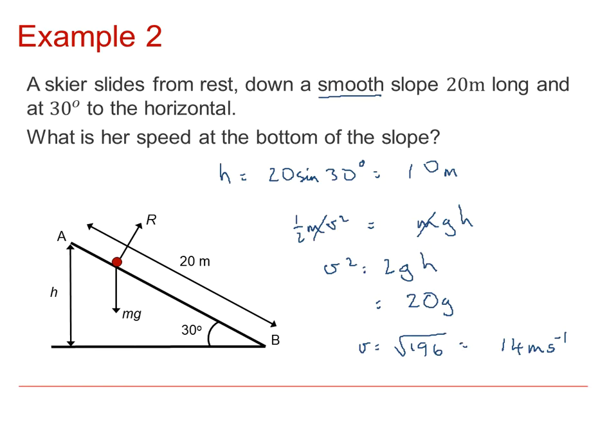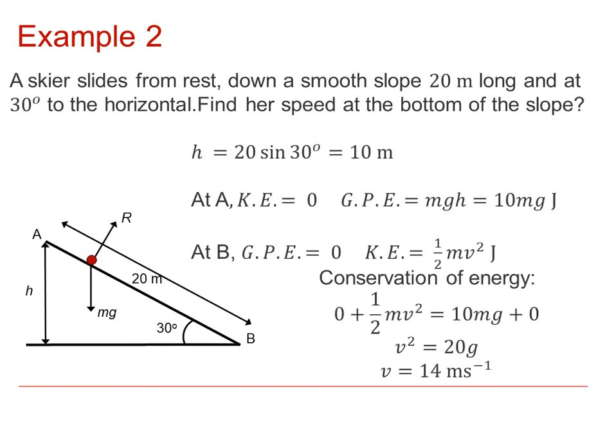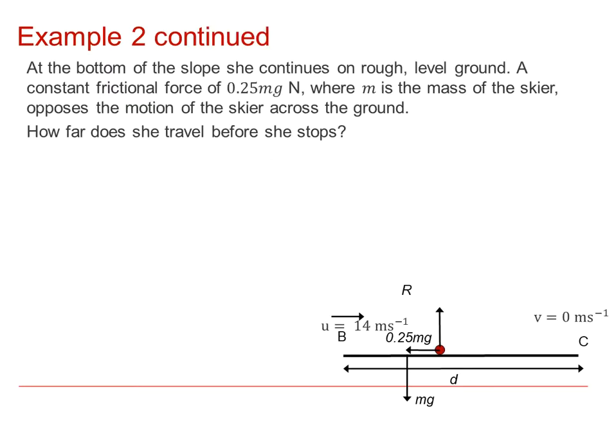Now in the second part of the question, she then moves on to a flat part of the course, which is then rough. So she's starting off now at 14 meters per second, but there's a frictional force acting against the motion of 0.25 mg newtons. And eventually she comes to a stop with that constant force having acted.